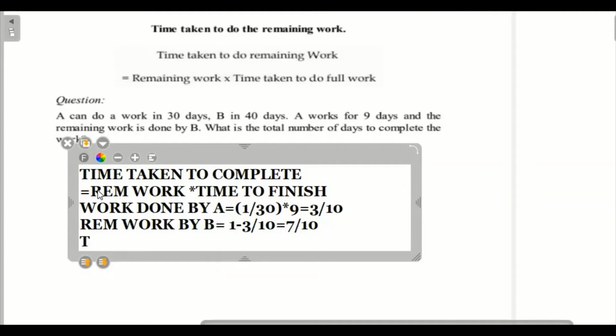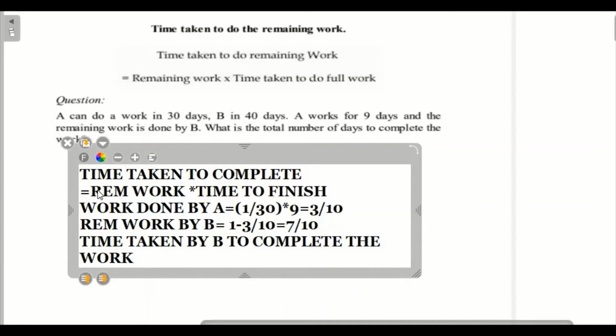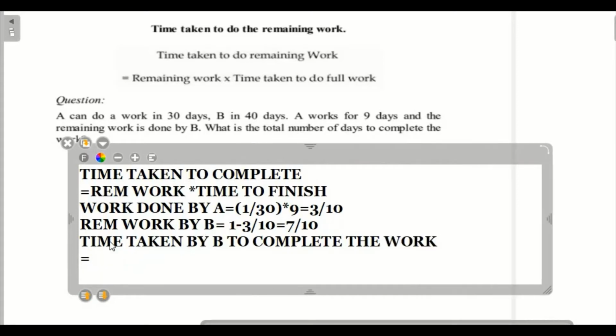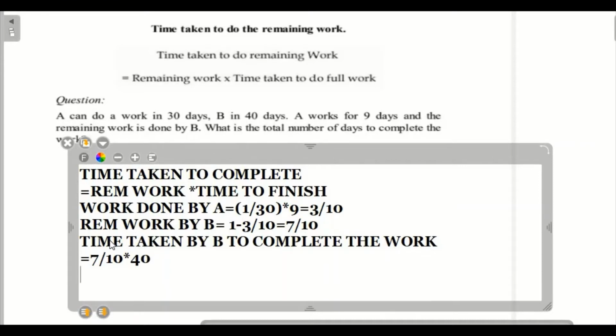We have to find the time taken by B to complete the work, equal to 7 by 10 into 40 equal to 28 days.